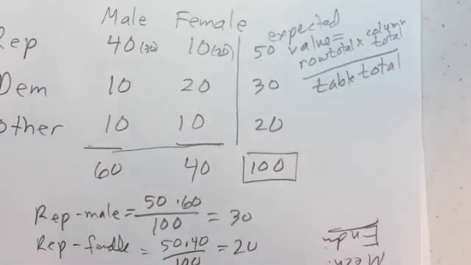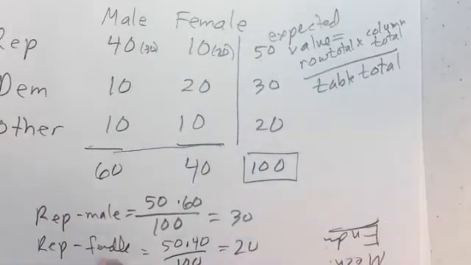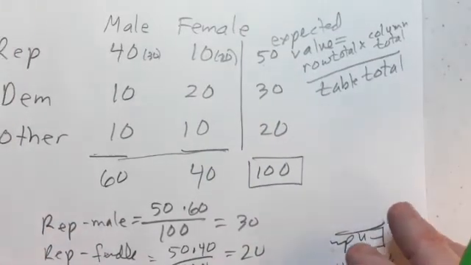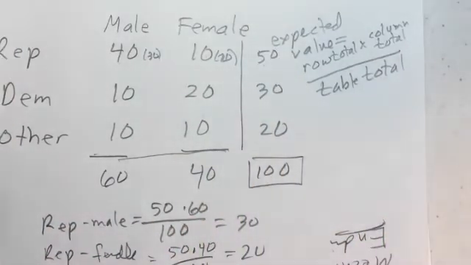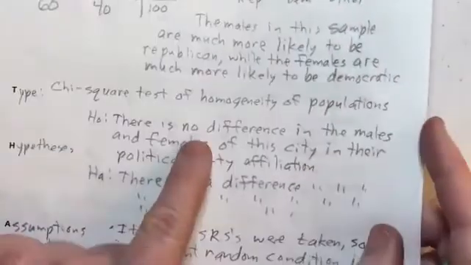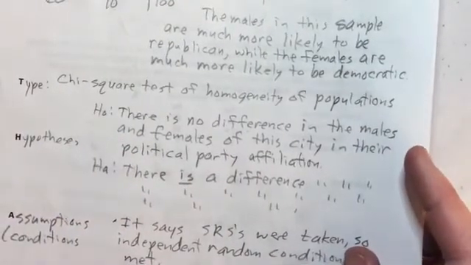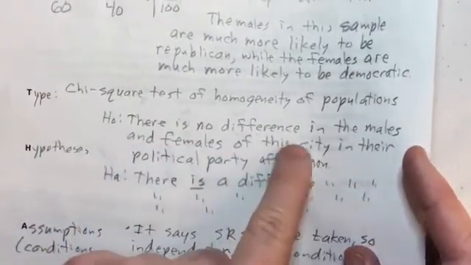But I want you to think about this, and hopefully this will make intuitive sense. What's the concept of an expected value? An expected value is what we would expect these samples to look like if the null really was true. And in hypothesis testing, the whole logic is we're doing this assuming the null is true.